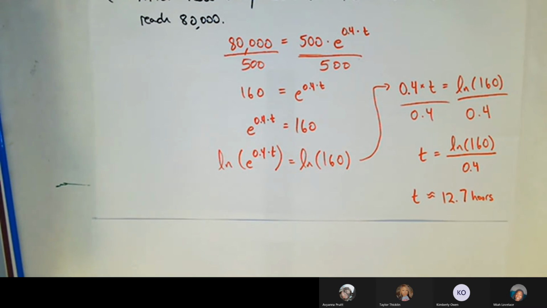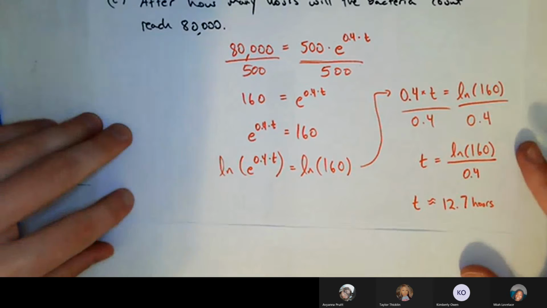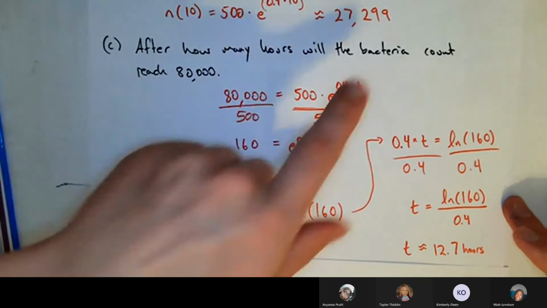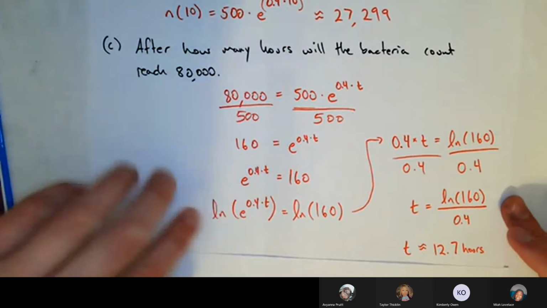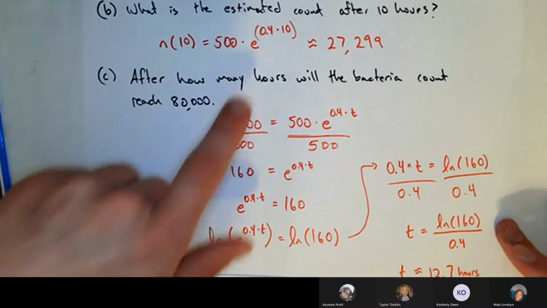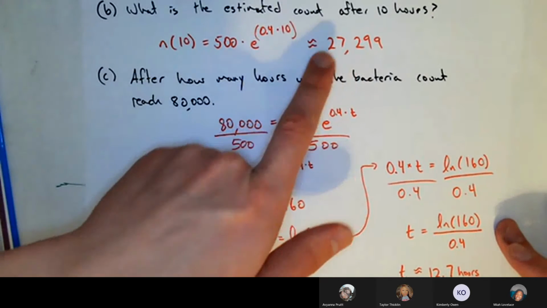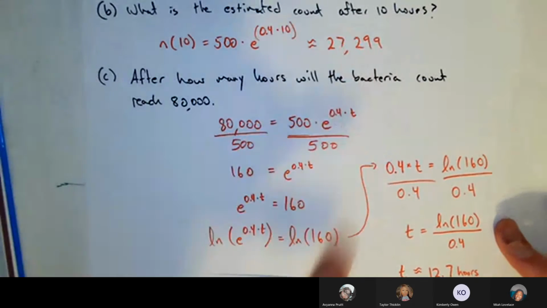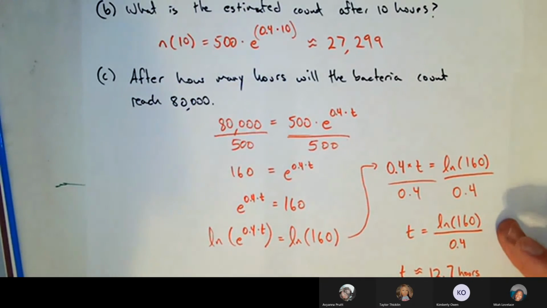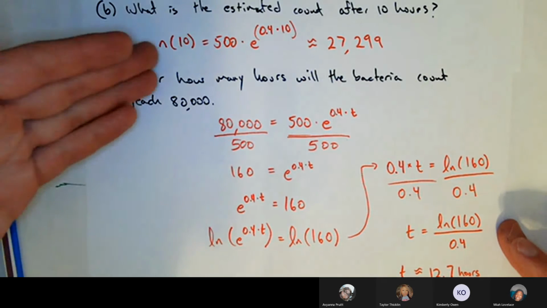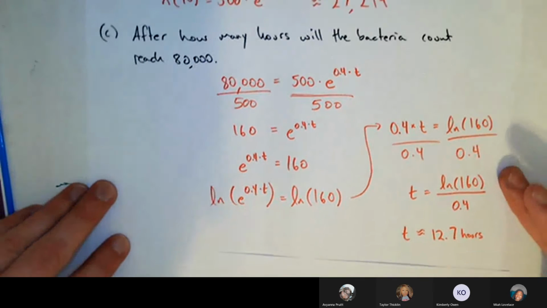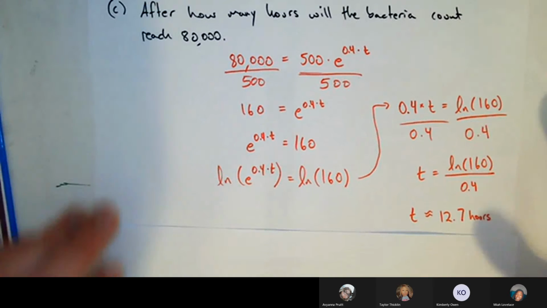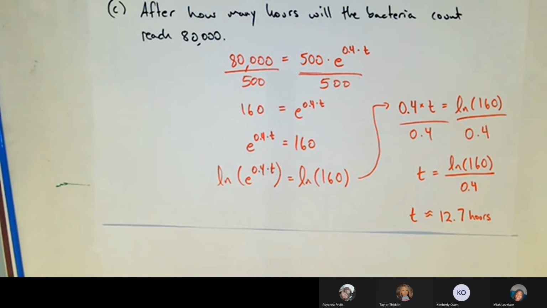So B and C were different because they both used the model, but part B just asks you for some output at a given input. Let me back up a little bit. They're asking for some output and they're giving you an input, the time. They give you time and ask for population. So you just use the function exactly how it's supposed to be used and you just plug a number into it. Part C is a bit more involved because they're asking for time at a given population.